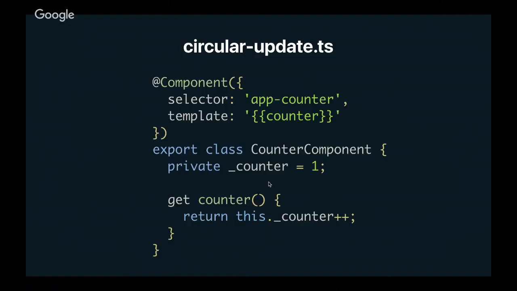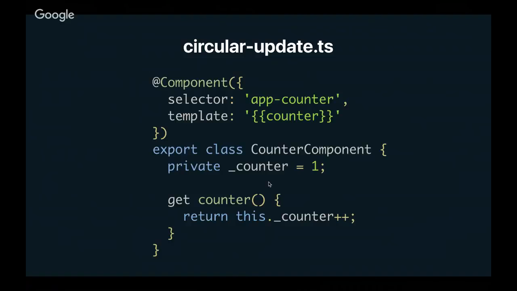So we have a very simple component, a counter, where we have a template with a single binding to the counter property, to the counter getter of the counter's controller. And each time we get the value from the counter getter, we're going to increment the private property counter.